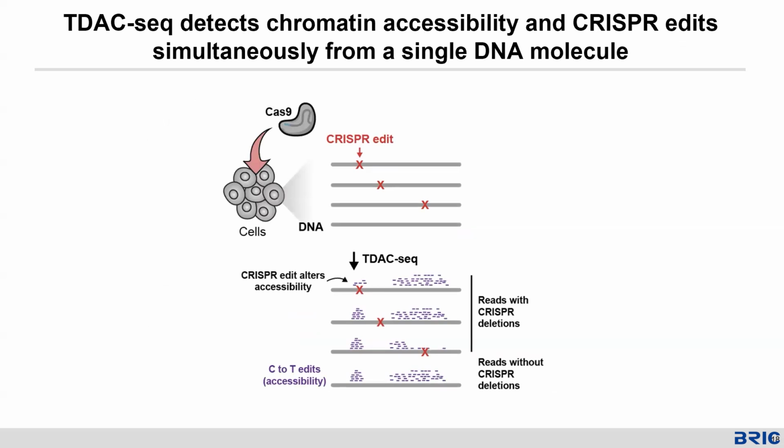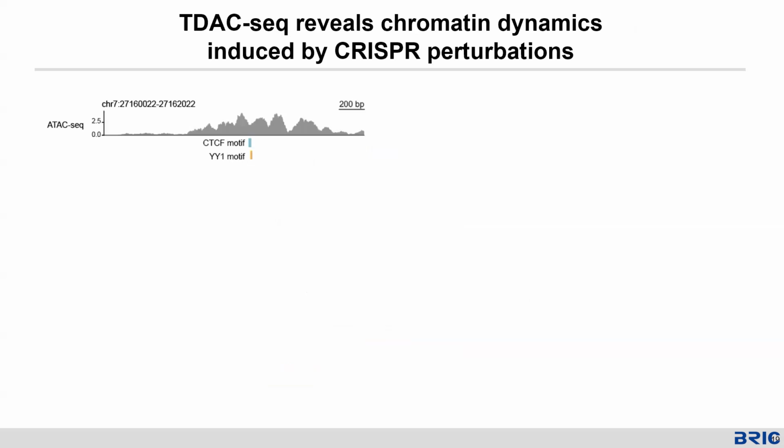Therefore, we can detect chromatin accessibility and CRISPR edits simultaneously from a single DNA molecule and see how the CRISPR perturbation affects the chromatin accessibility. To test this concept, I first disrupted one of the CTCF binding motifs in the HOXA locus using CRISPR-Cas9 and performed Tdaxic on this region.